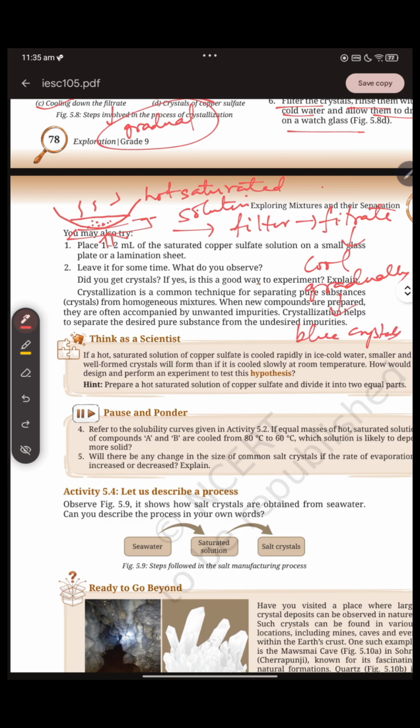But remember, while heating, while preparing, you have to add 1 to 2 drops of dilute H2SO4 for the same purpose. Okay, so it is a common technique for separation of pure crystals from homogeneous mixtures.